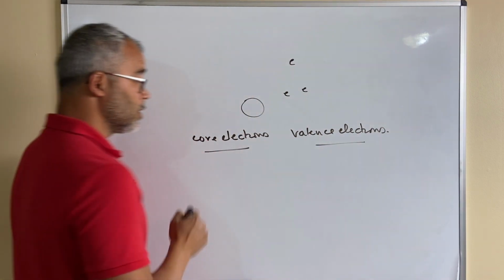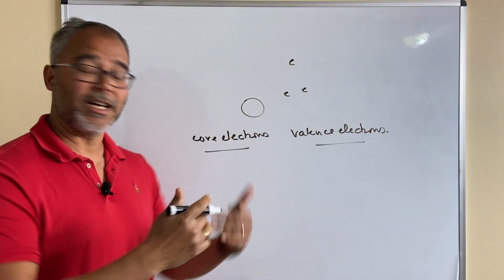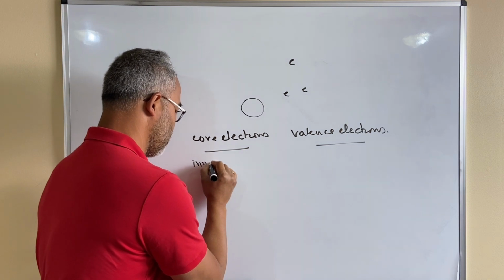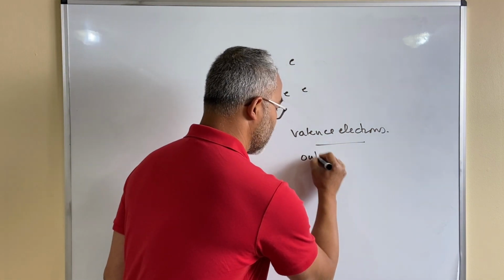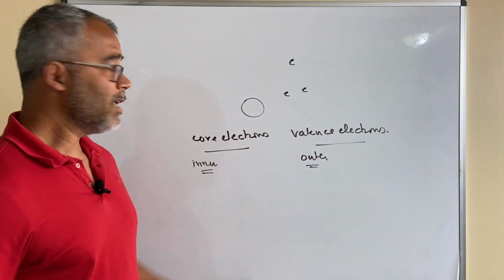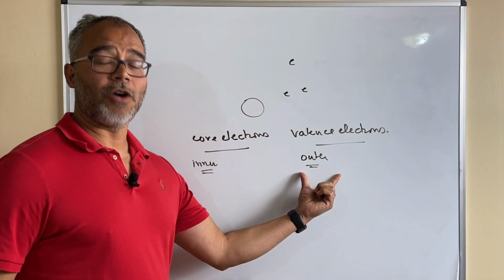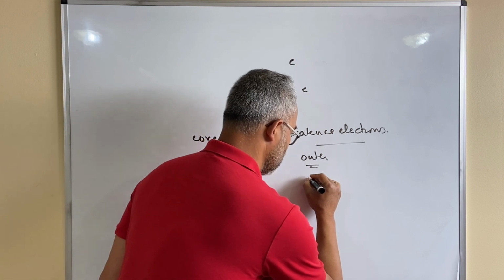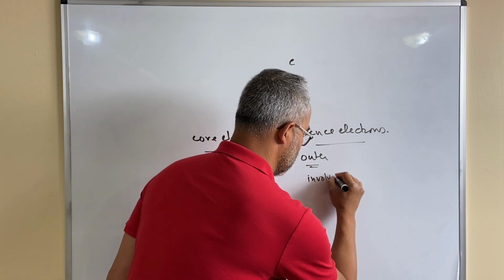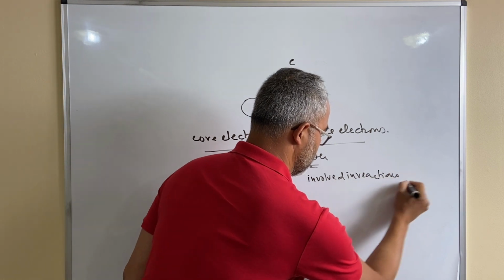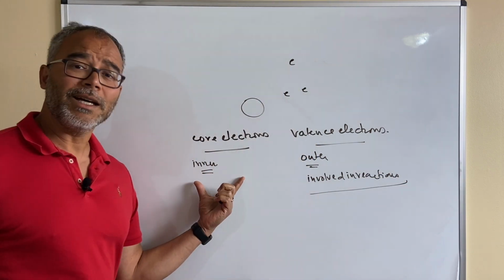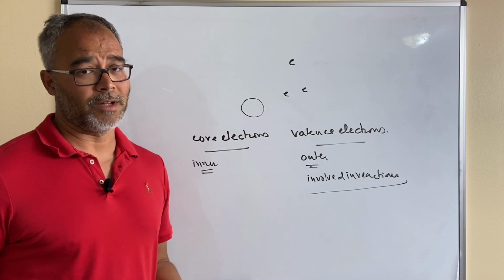The core electrons are the inner electrons, and the valence electrons are the outer electrons. The valence electrons are the electrons that are involved in reactions, while the inner electrons, or the core electrons, are not involved in reactions.